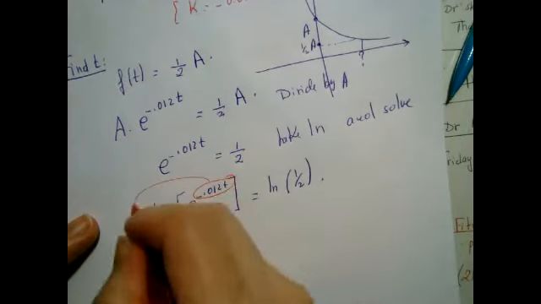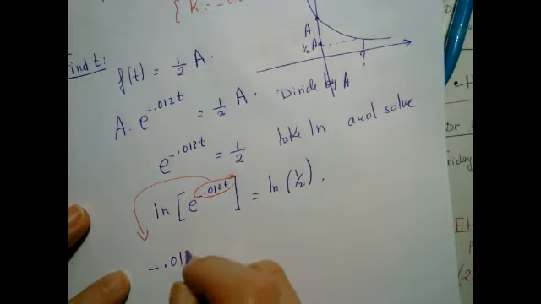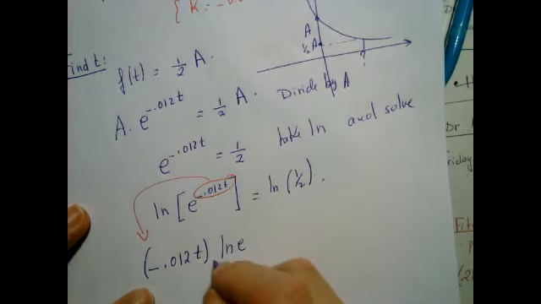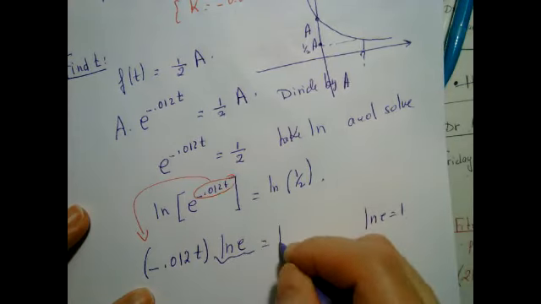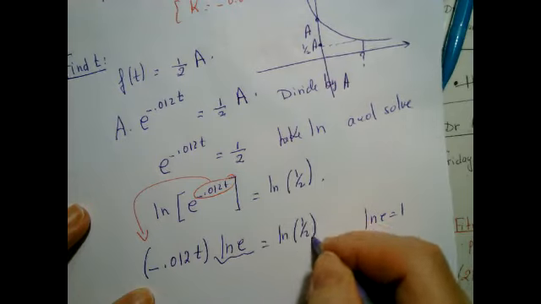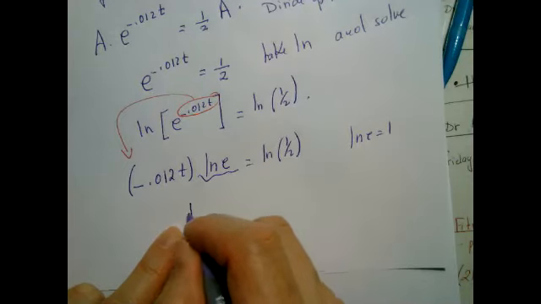Now, this is my power, and this whole power I need to bring it down. So I will have minus 0.012t times the ln of e. ln of e is 1, equal ln of a half. And finally, I will solve for t.